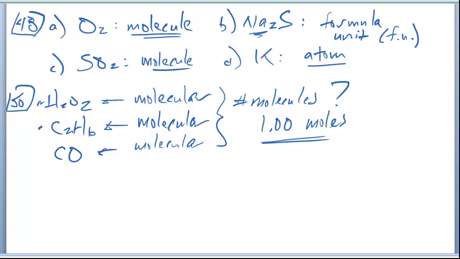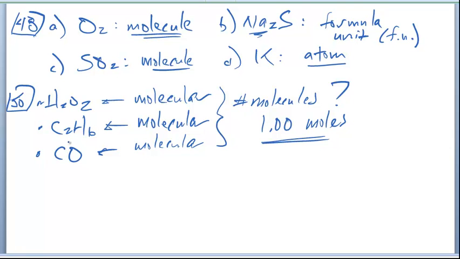Moving down to ethane, if you have 1.0 moles of ethane molecules, you have 6.02 times 10 to the 23rd molecules of ethane. And likewise, if you have 1.00 moles of carbon monoxide, you have 6.02 times 10 to the 23rd molecules of carbon monoxide.